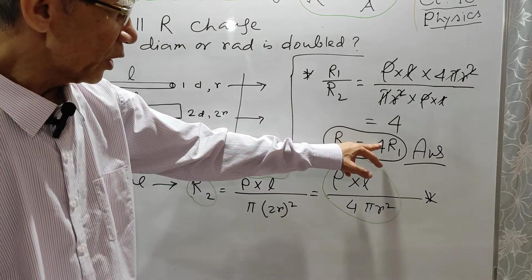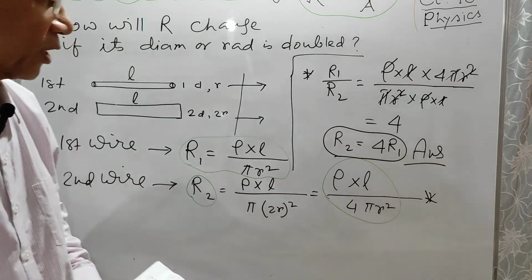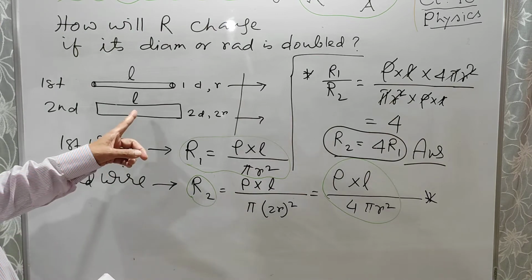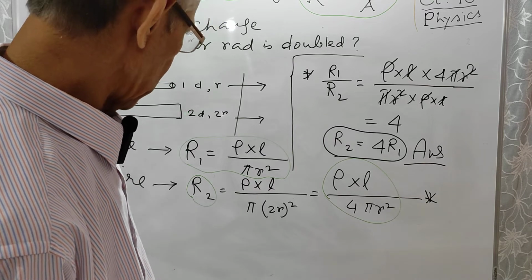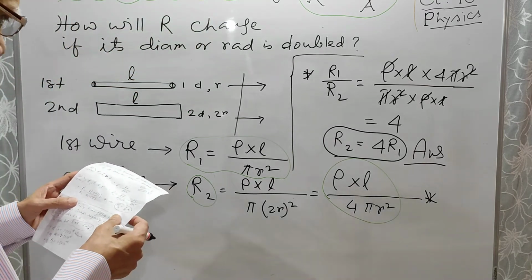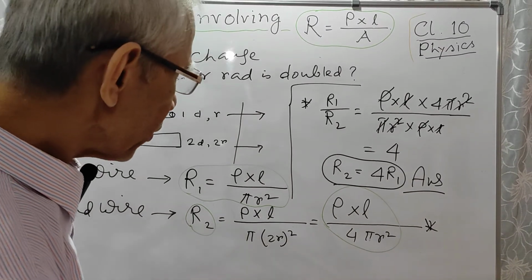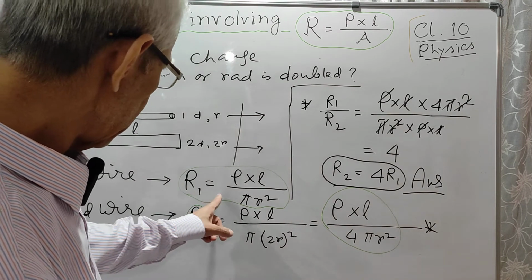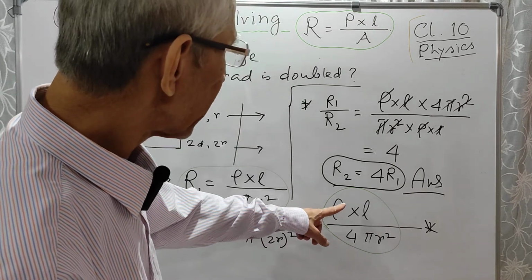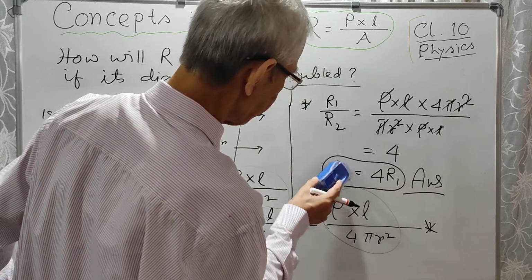Now why will the resistance increase to 4 times? One minute. R1 by R2, 4 pi r square, and this is 4 pi r square. Oh yes, sorry, this is equal to 4.